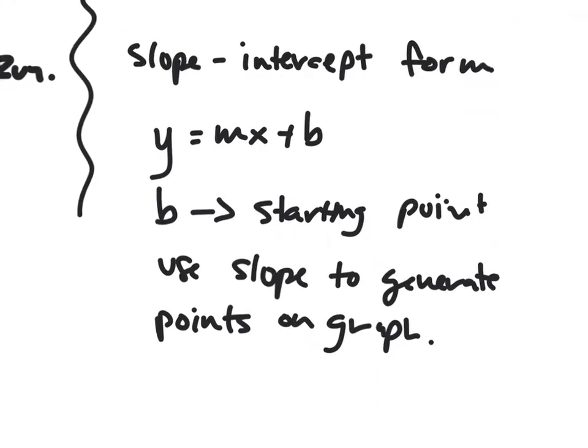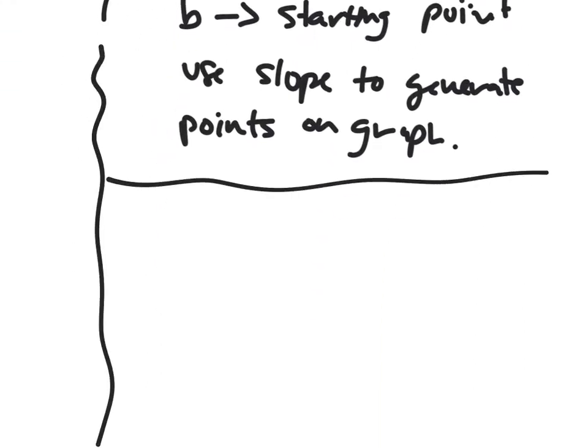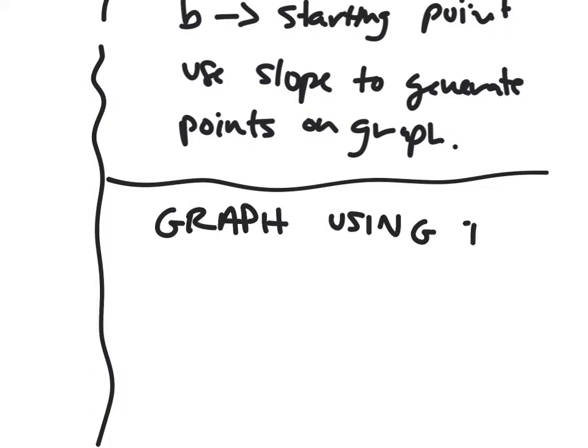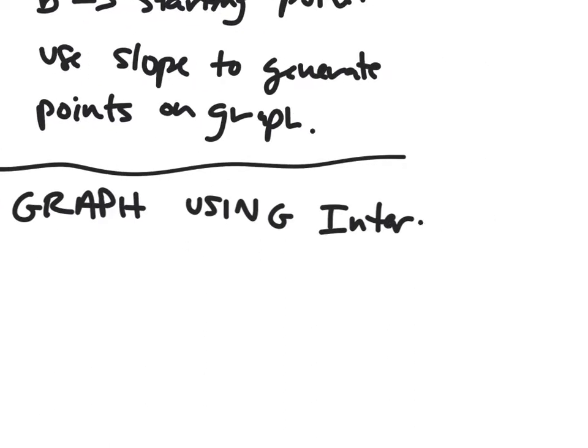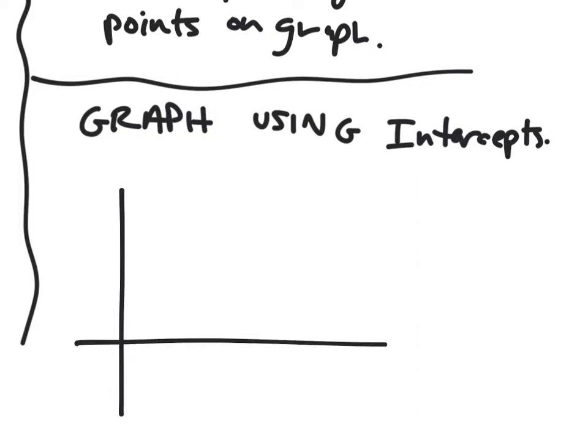Now we can also graph using intercepts. When I graph using intercepts, here's what I want to think about. Let's just look at a graph real quick. Here's my x-axis.